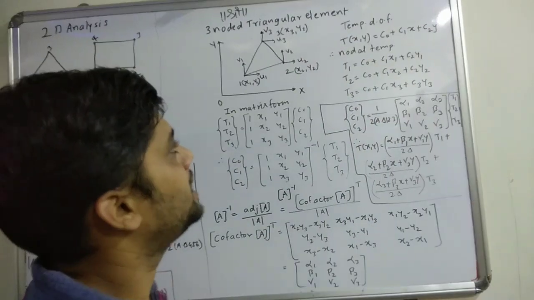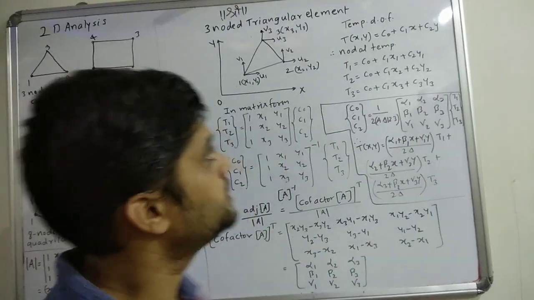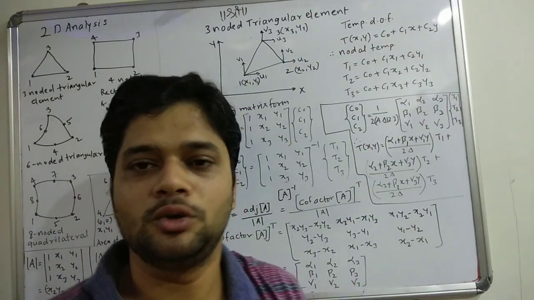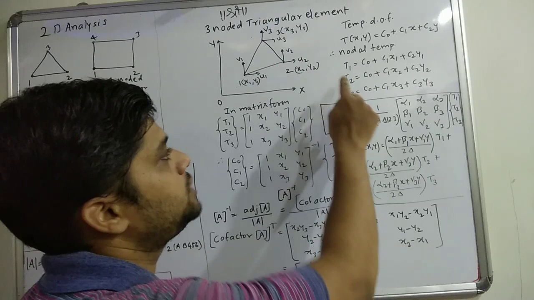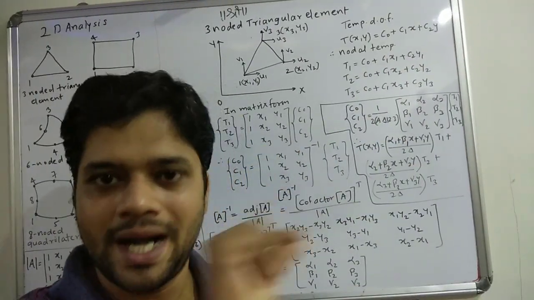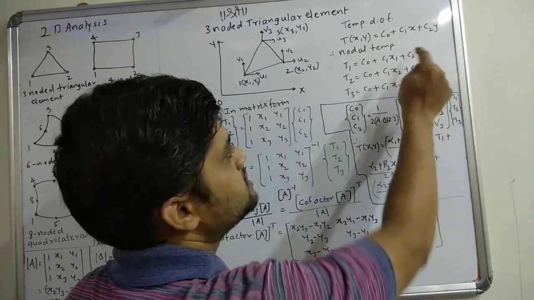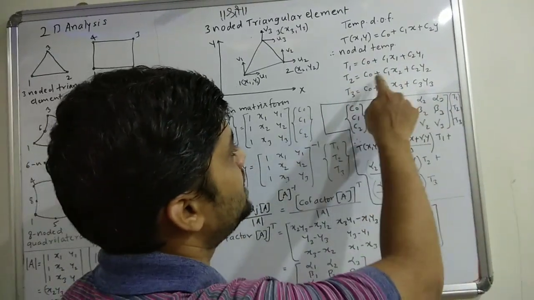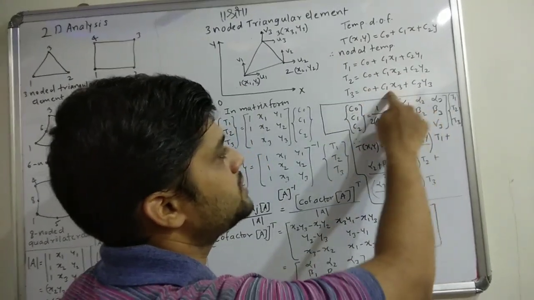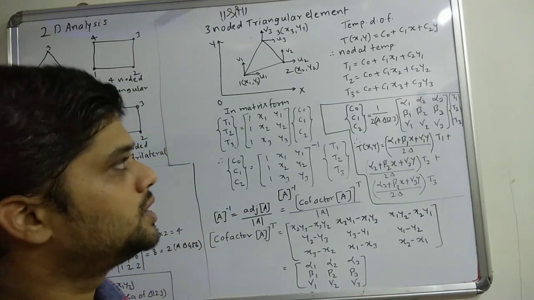Now when I apply it for the element and find the nodal temperatures, this T(x,y) will be replaced by the nodal values, which are nodal temperatures T1, T2, T3, and this x, y will be replaced by the coordinates at each node. So T1 will have C0 plus C1x1 plus C2y1. T2 will have C0 plus C1x2 plus C2y2, and T3 will have C0 plus C1x3 plus C2y3. That is very simple to understand.